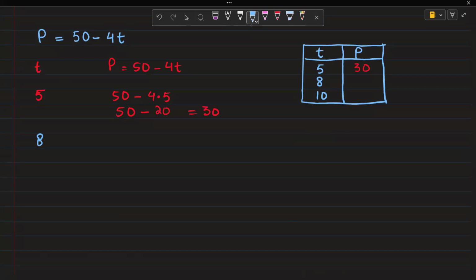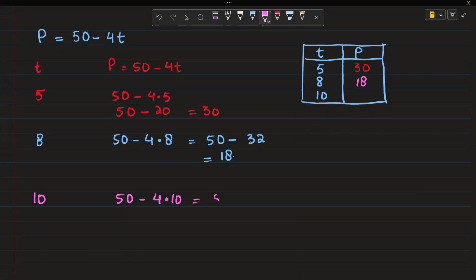Then you have 8 here. 50 minus 4 times 8. That gives 50 minus 4 eights are 32, which is equal to 18. Finally, you have 10. So 50 minus 4 times 10, which is equal to 50 minus 40, which is equal to 10.